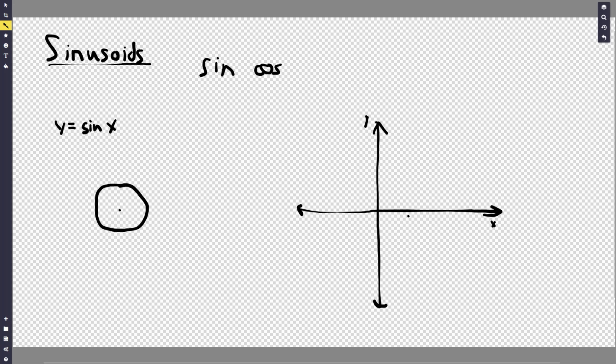And so when radians are equal to 0, so 0 radians, so 0 degree angle, where is sine? Well, remember, sine is the y coordinate. So right now sine is at 0. So we know at 0 it intersects the origin, okay? Now let's go up just 90 degree angle.